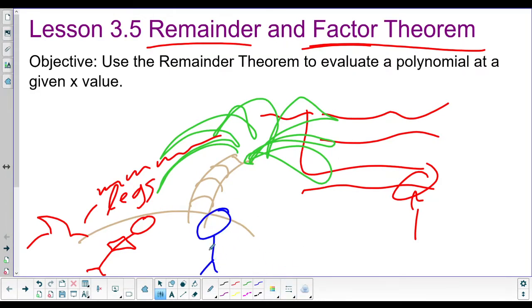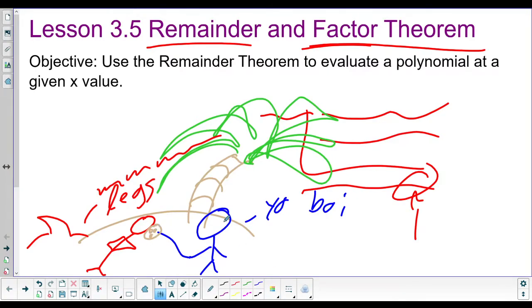He's going to be like, yo, boy. And then you know what he's going to do? With his super long blue arms, he's going to hold a coconut to your head.